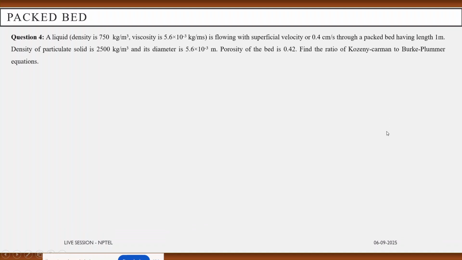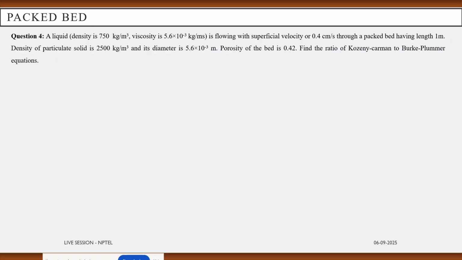Then we will solve our next question, which is very easy. You just have to put the values in the equation and you will get it. So the question says that a liquid of density 750 and viscosity is given.